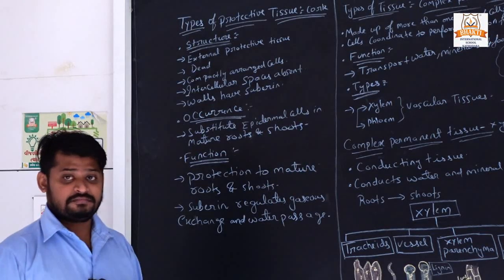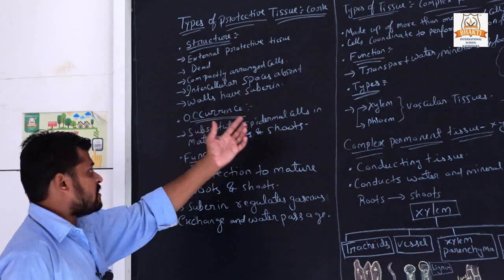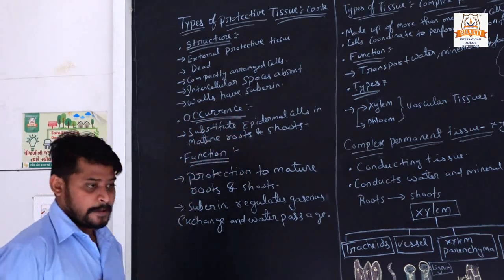Where is cork tissue found? It substitutes epidermal cells in mature roots and shoots.